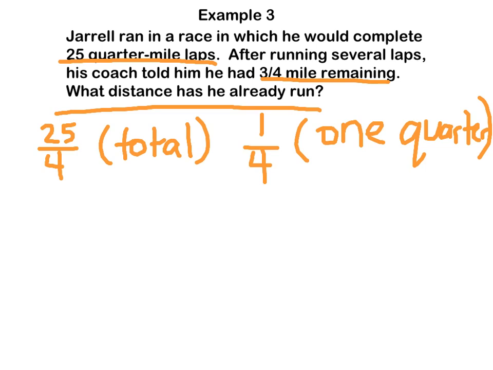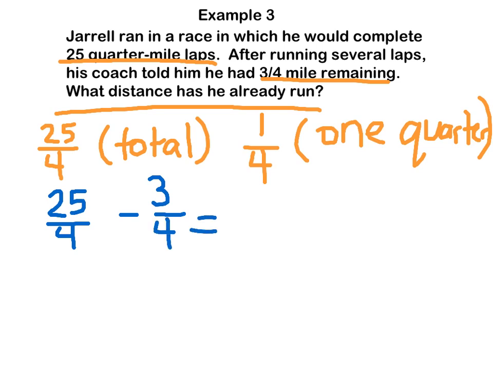Okay, so that's why I can write 25/4 because I'm basically saying 25 1/4 laps. Okay, so after running several laps, his coach told him he had 3/4 of a mile remaining. So to figure out how much Jarrell has already run, we can subtract 25/4 minus 3/4, and that will tell us how much Jarrell has already run.